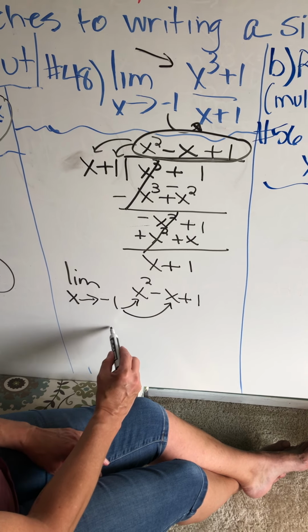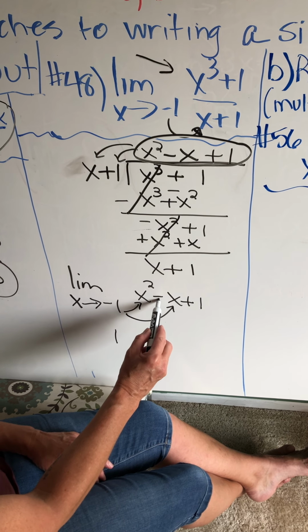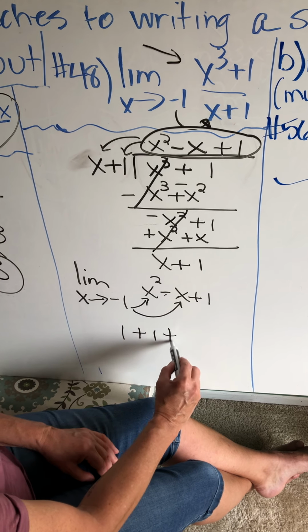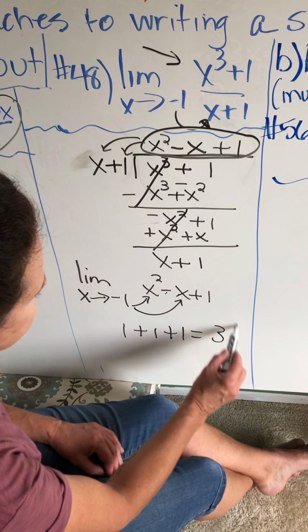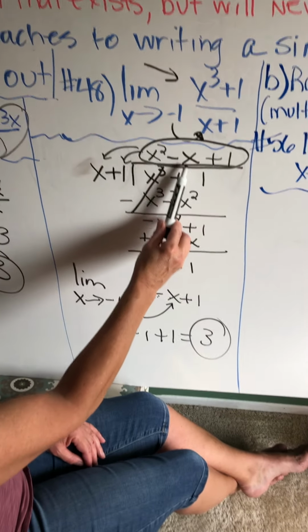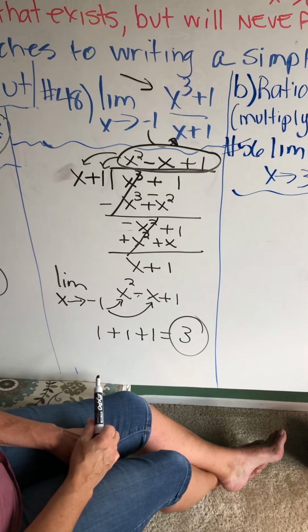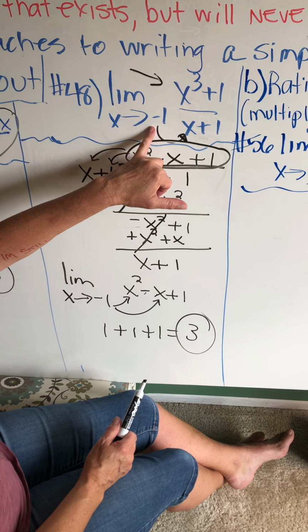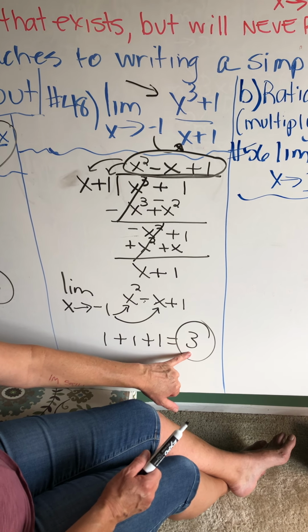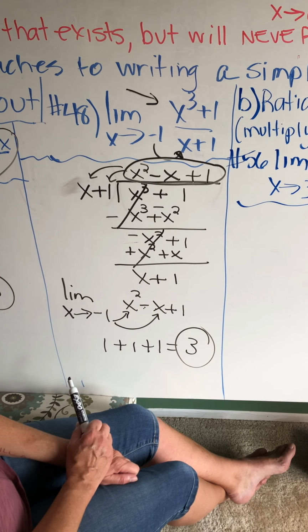A -1 squared is 1, minus a -1 is plus 1, and plus 1, and once again, we have a limit of 3. Class, if you graphed the original function or your simpler function you see here, and you look as x approaches -1, the graph really will look like it is approaching a y value of 3.